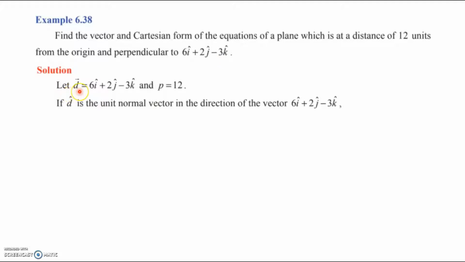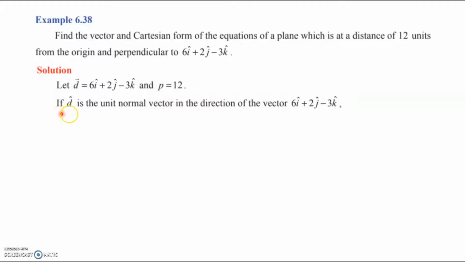So our d vector, which is perpendicular to the plane, is defined as 6i cap plus 2j cap minus 3k cap, and our distance p is defined as 12.